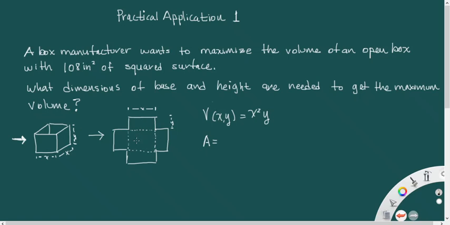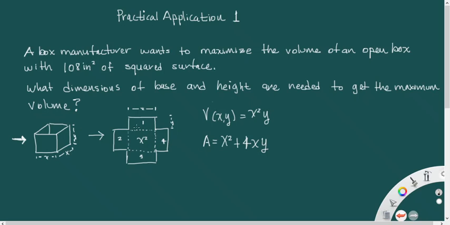This is x. So the base of this box is equal to x squared. So this is x squared plus, and the area for the sides is 4 times x times y.